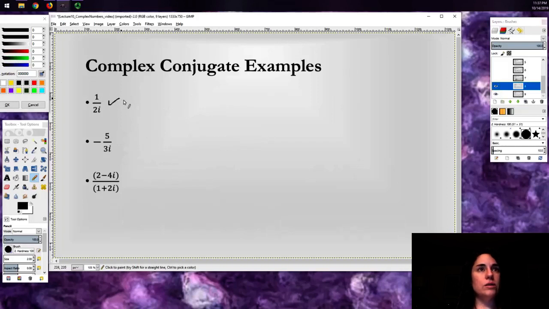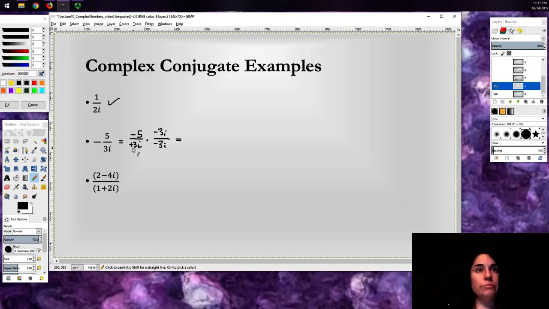All right. So I did this one on the previous page. Let's look at this. In order to reduce negative 5 over 3i, I'm going to multiply by the complex conjugate. So if there's a positive 3i in the denominator, I'm going to multiply by negative 3i on both top and bottom.